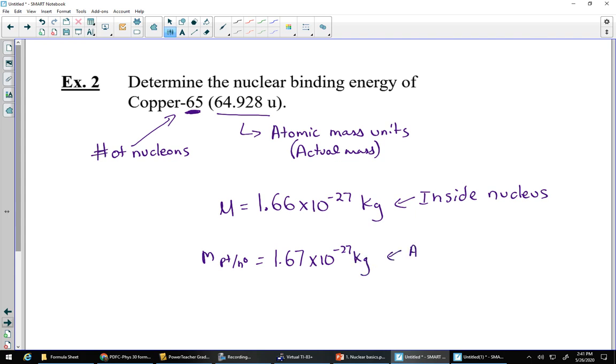So an individual proton or neutron has a mass of 1.67 times 10 to the negative 27 kilograms when it's all by itself. When it's locked inside of a nucleus, we look at that atomic mass unit, and now it's 1.66 times 10 to the negative 27. So individual protons and neutrons, 1.67; atomic mass units, 1.66.